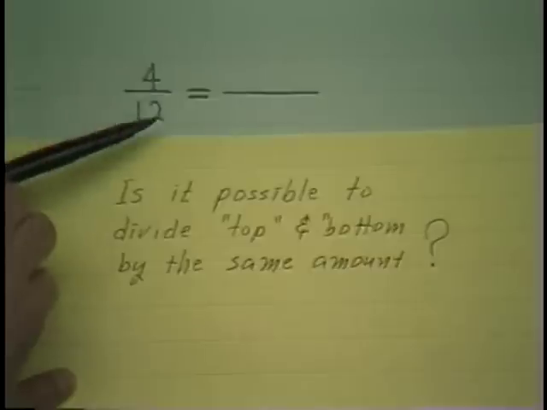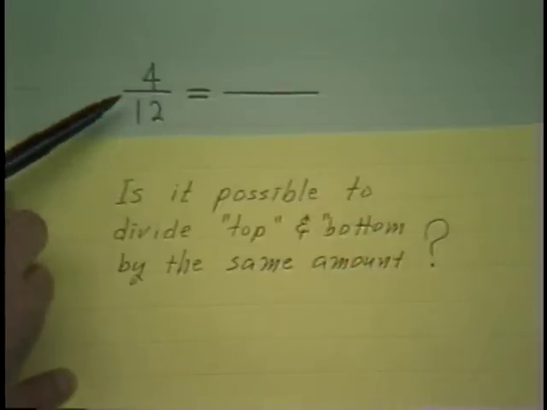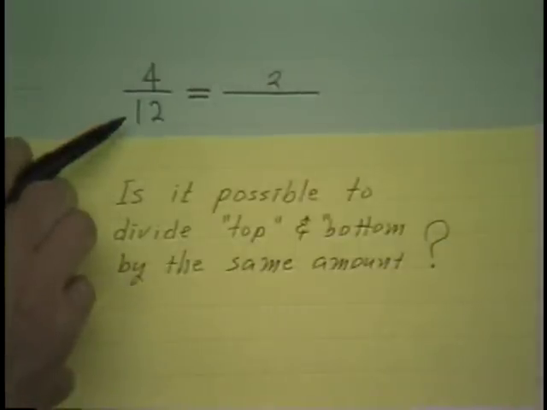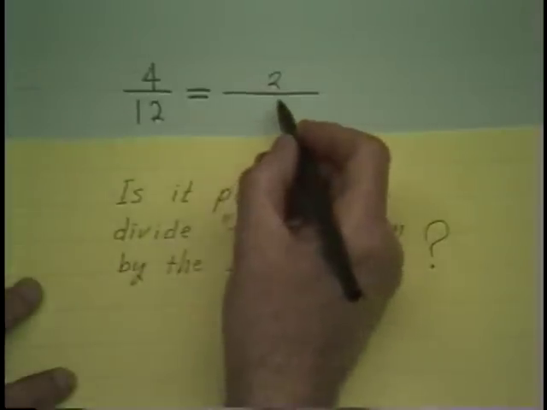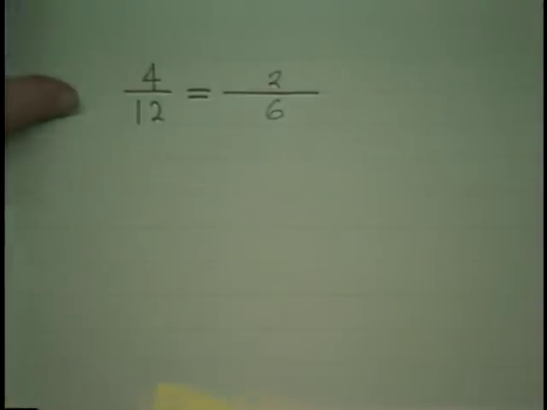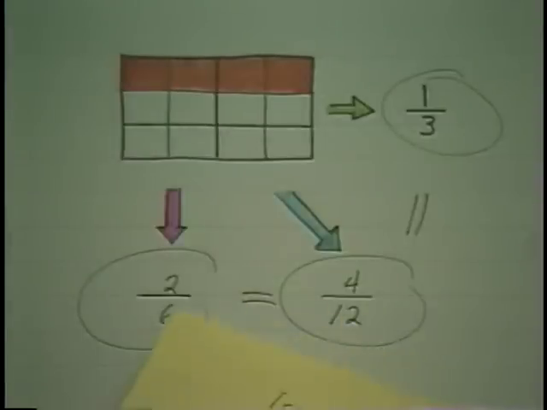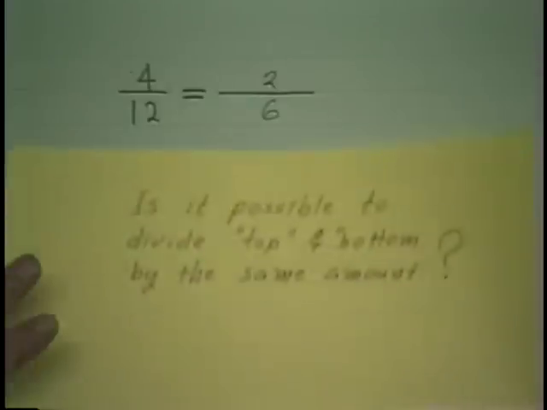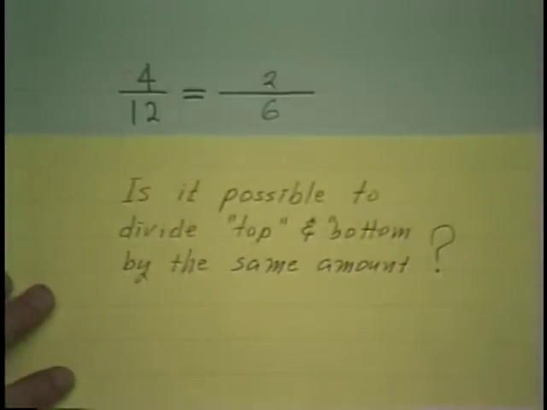Now you might say, yes, we can divide them both by 2. Then let's do it. 2 into 4 goes twice, and 2 into 12 goes 6. And we get a new form called 2/6. But notice, that's one of our equal numbers. Now, looking at that representation, we could ask the question again.